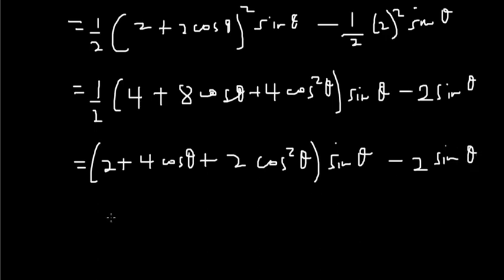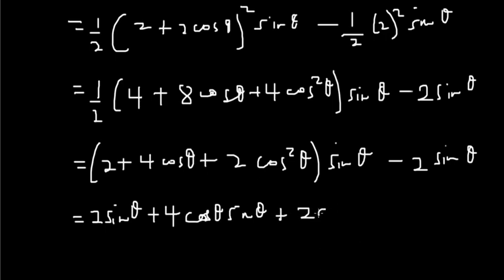So from here you could further simplify this. Let's multiply the sine theta by what is in the bracket. So we have 2 sine theta plus cos theta sine theta, and then plus 2 cos squared theta sine theta.